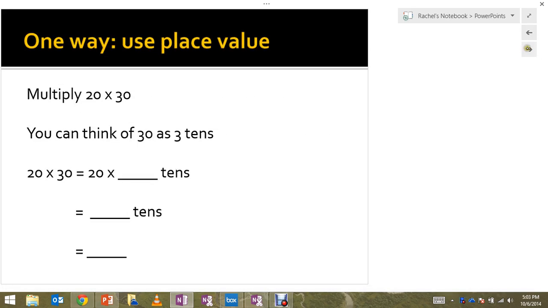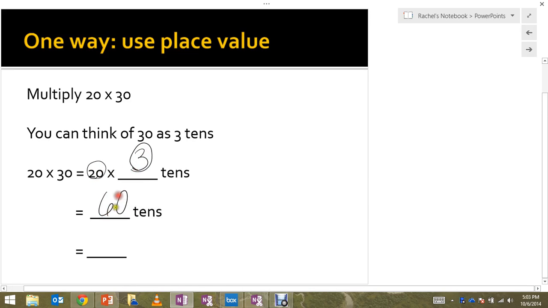We started by thinking of one of the factors as 10, 20 groups of 3 tens, and 20 times 3, we would have 60 tens. And utilizing our place value system, when we have a 10 or tens, we're adding a 0. So we have 600.